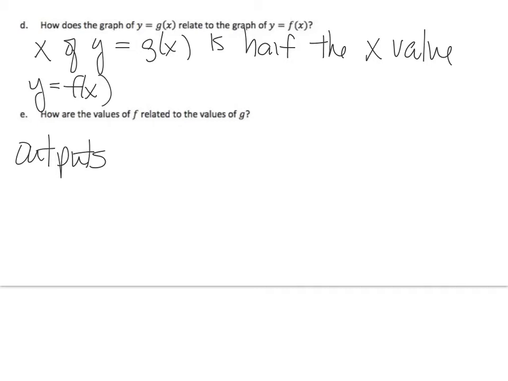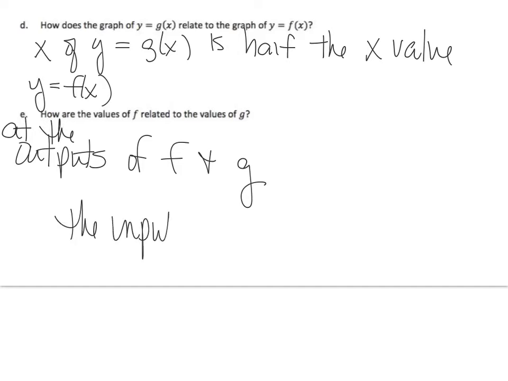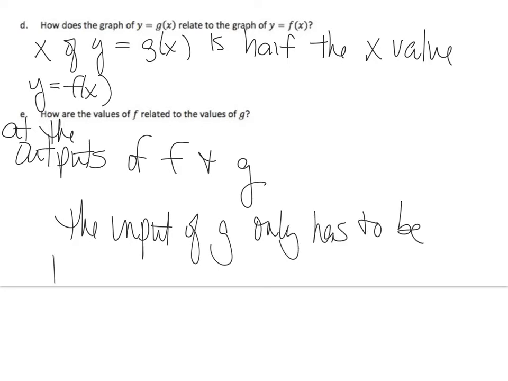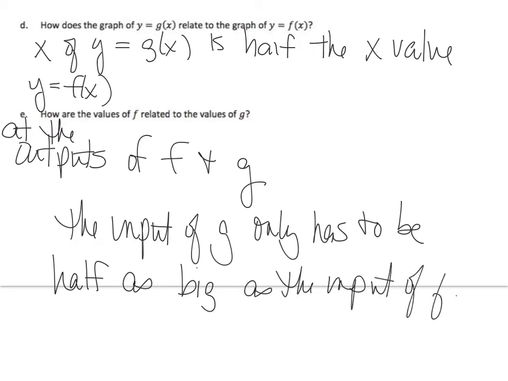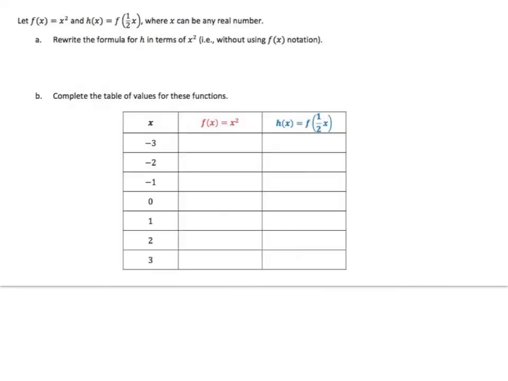At the outputs of f and g, the input of g only has to be half as big as the input of f. Okay, that's that horizontal shrink. Alright, so let's try a different one.